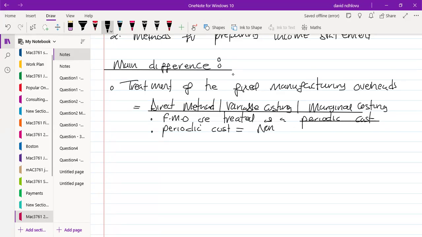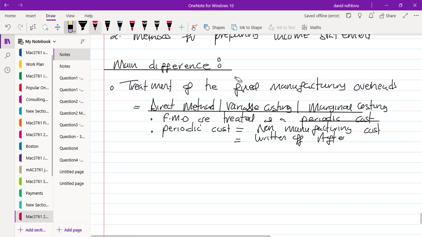It's a non-manufacturing cost. This is written off after gross profit, or contribution.